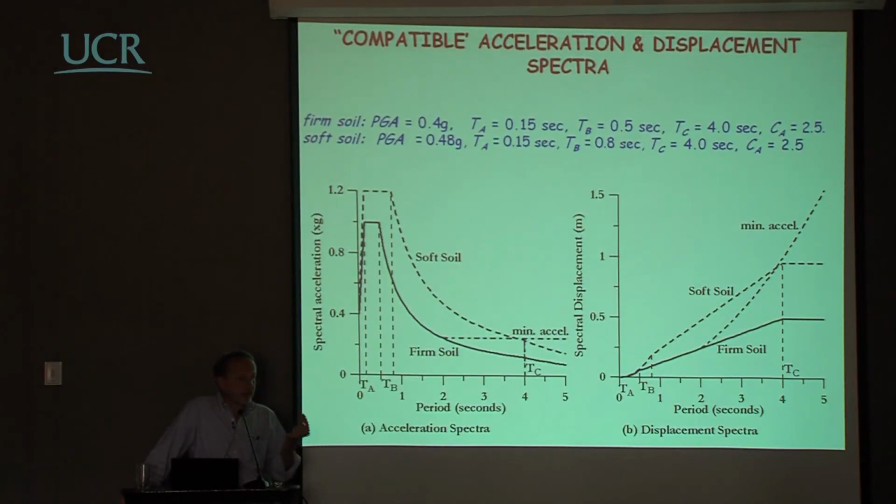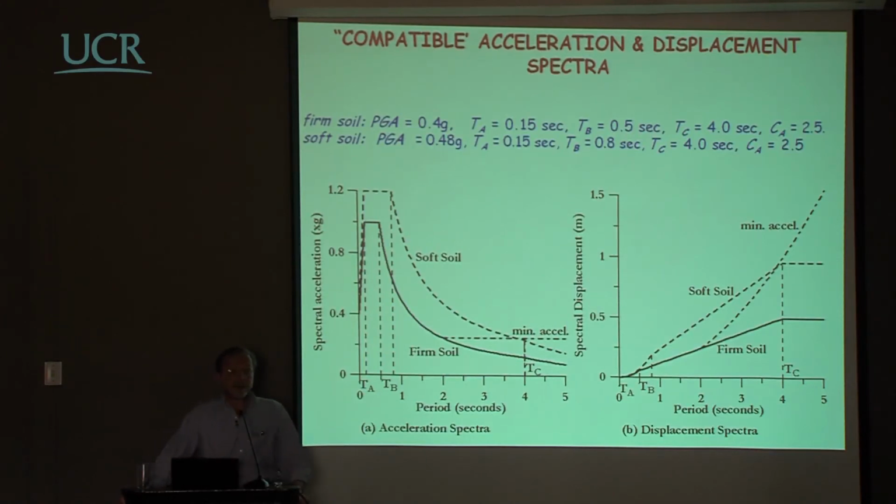But this is for a very short period range. Then here you have something constant, and there it goes with T to the square. Then you have the long descending branch that normally in code spectra decreases with 1 over T, and therefore the displacement is increasing linearly with T. I'm simply multiplying by T to the square, as you have understood.